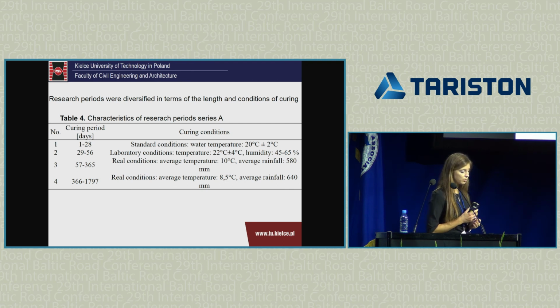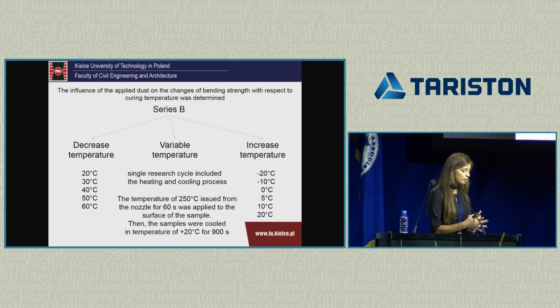were curing in the real condition, and here average temperature was about 8.5 degrees Celsius and average rainfall 640 millimeters. The influence of the series C included 3 different temperature curing.